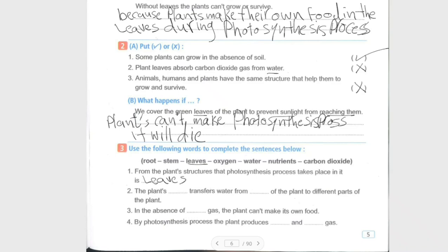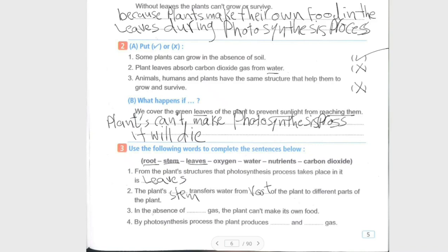Number 2, plant's stem transfers water from the root of the plant to the different parts of the plant.